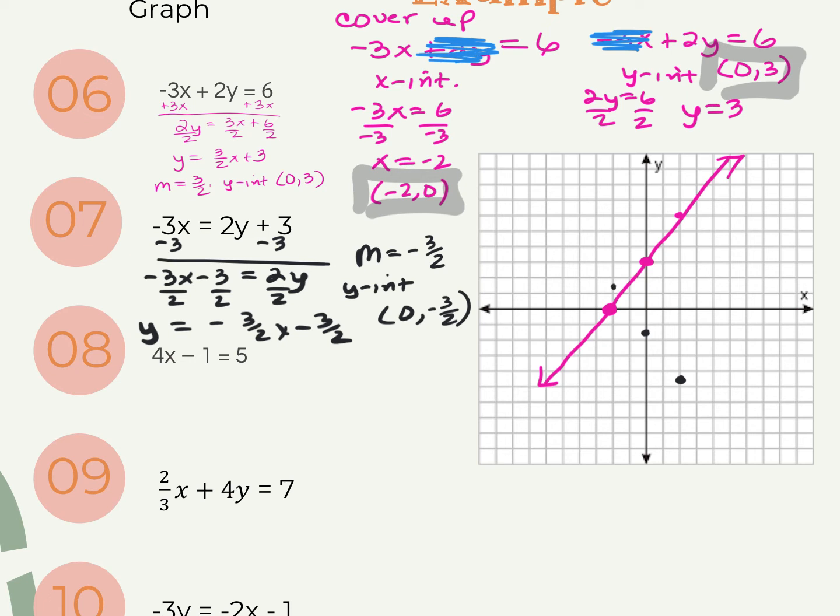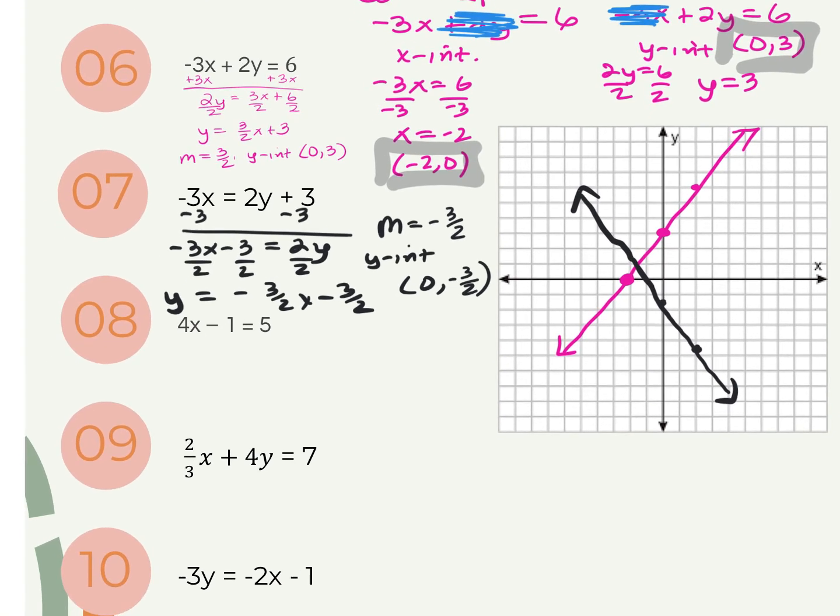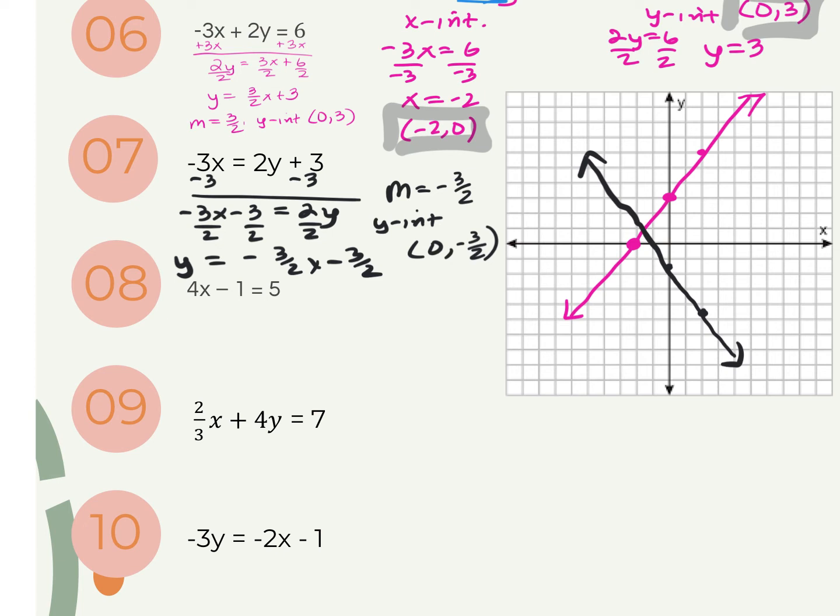And then there would be my other point. Notice the negative slope, the line is falling down. For number 8, again, on that one you could have also done the cover up, and you could have solved and found the intercepts that way as well.